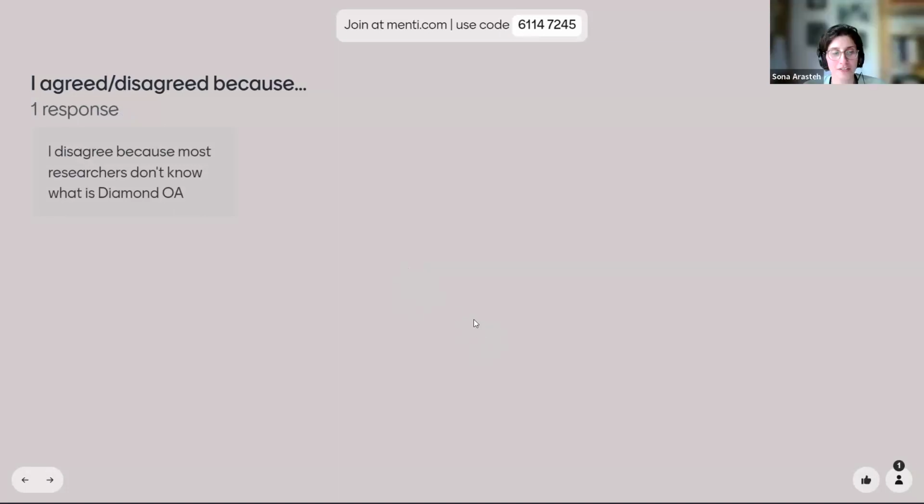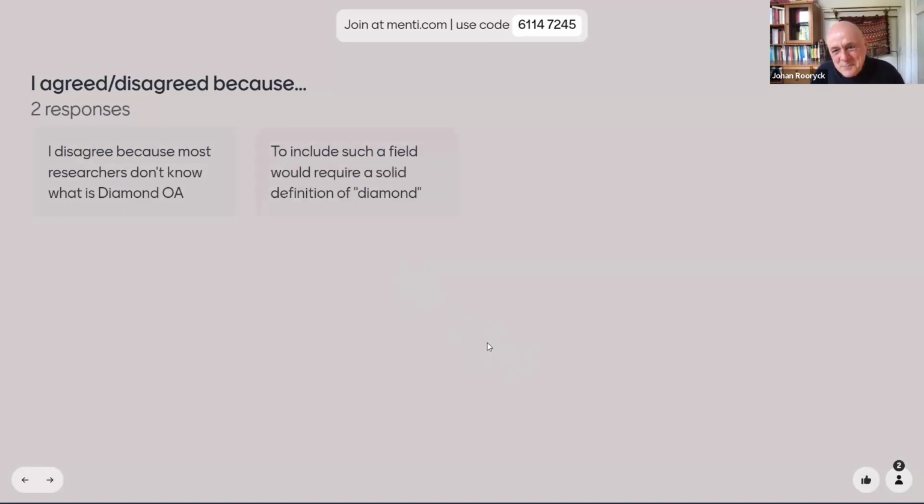Interesting. So there is a comment about the usability of that field if no one knows what it means. Yeah, but my response to that is most researchers don't know what metadata are to begin with. Yes, that's a solid definition of diamond. Yes, I mean, that's what we're working on, right?